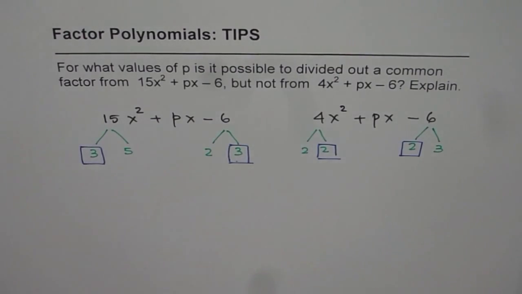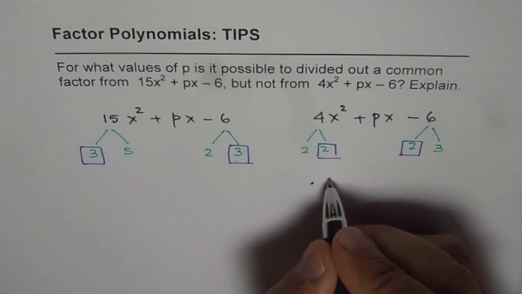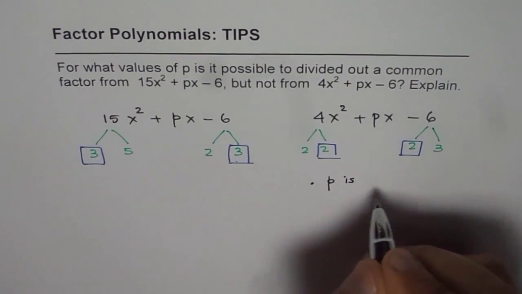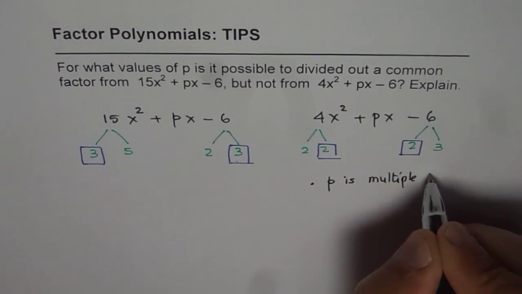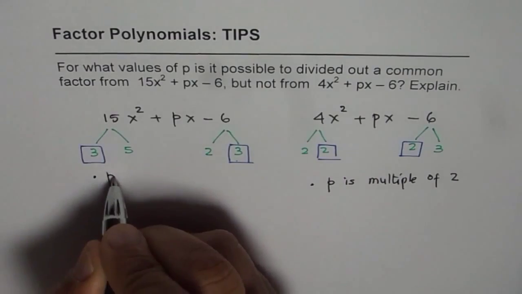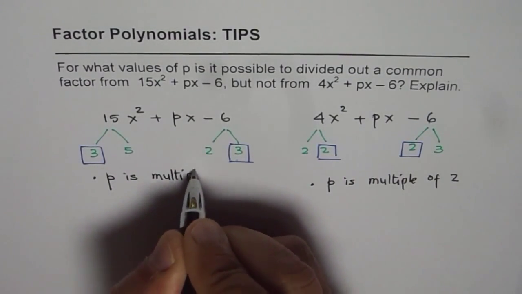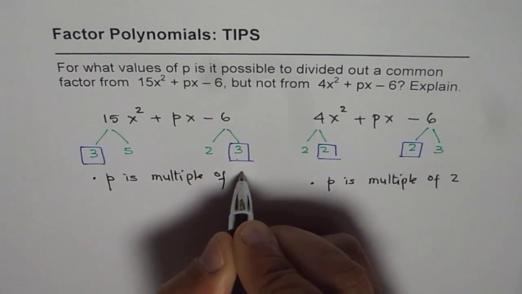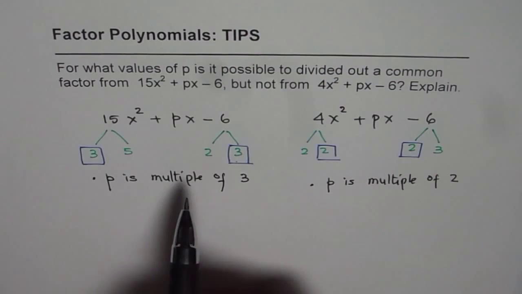So what we have here is, to factor, we have a condition that p is a multiple of 2. And in this case, we have the condition that p is a multiple of 3, right?